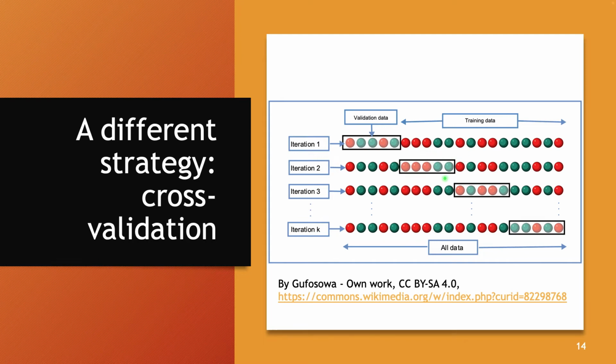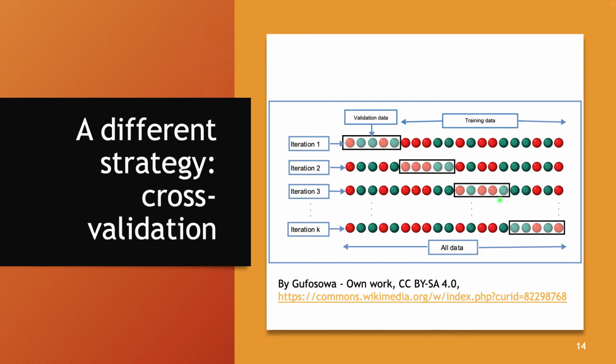And so, for example, here this will be our validation set, and the whole thing here is going to be our training data. In this iteration we will have this particular validation set, and this part in here is going to be our training data, and so on.